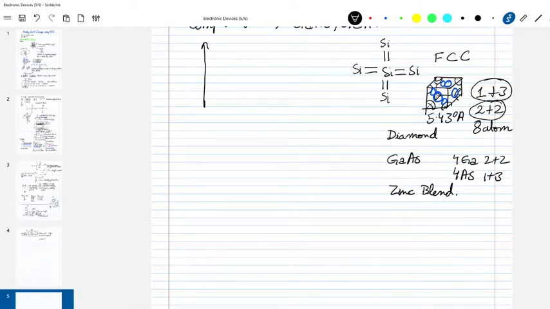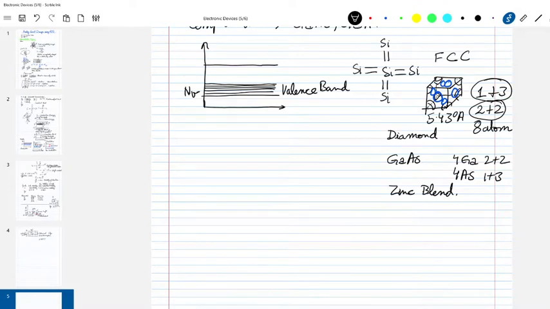Now as long as an electron is part of a covalent bond, the energy associated with it is known as the valence band. This valence band has many sub bands, and that is NV. Then there is the conduction band, which again has a number of sub bands, that is NC.